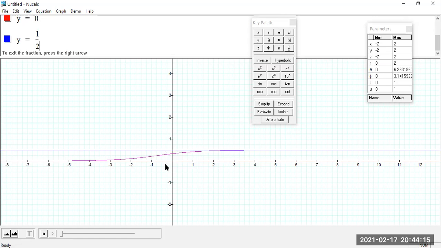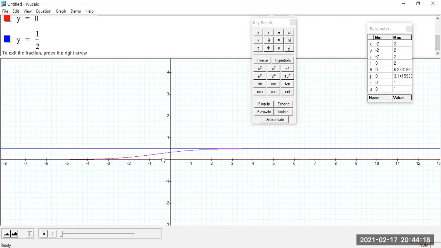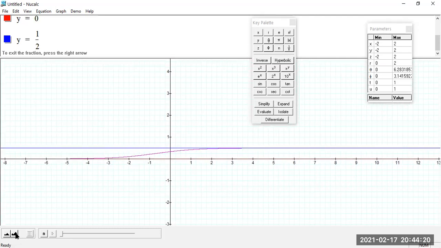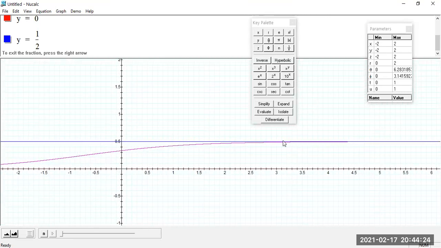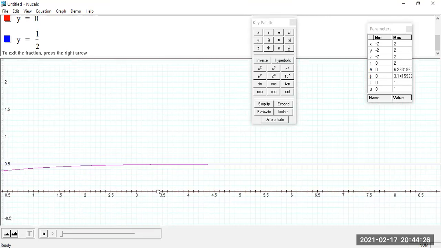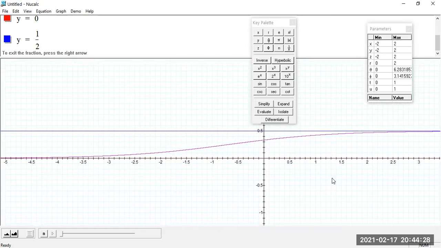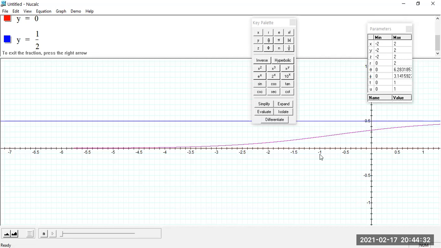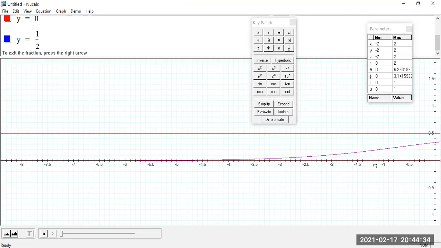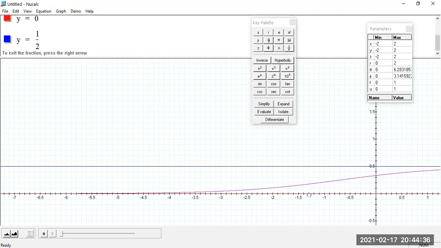So you see that the graph, which is in purple, never passes the blue line. Never passes the blue line. See that? And the purple curve never passes below the x-axis. Okay, that's for this part here.